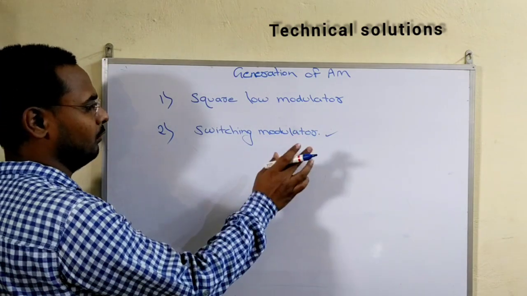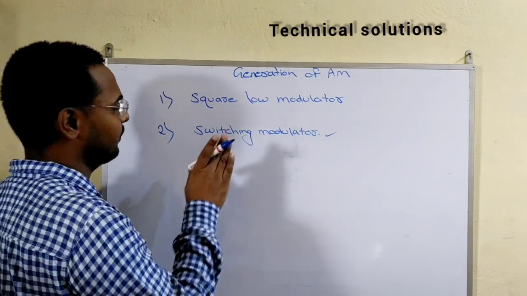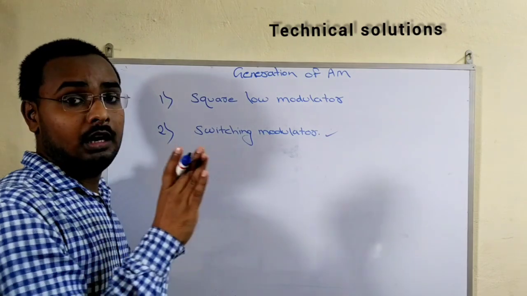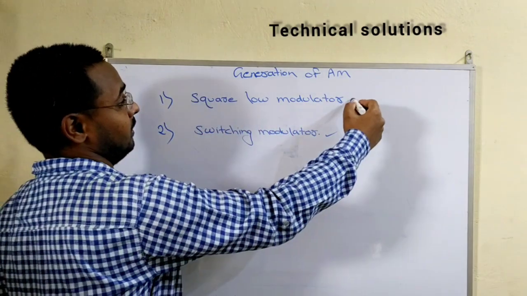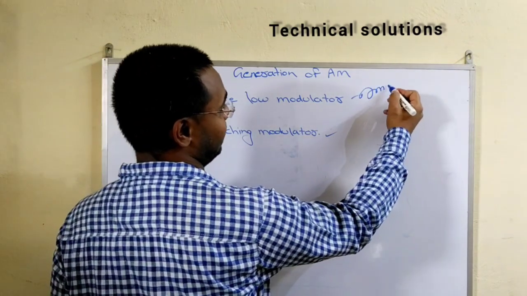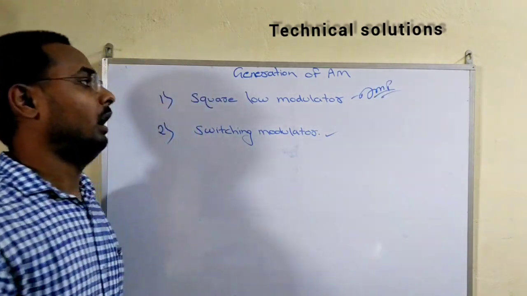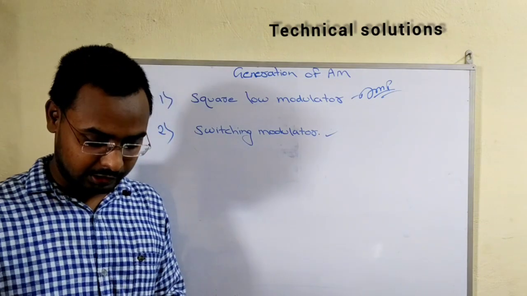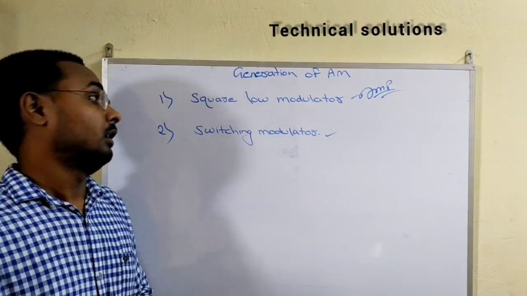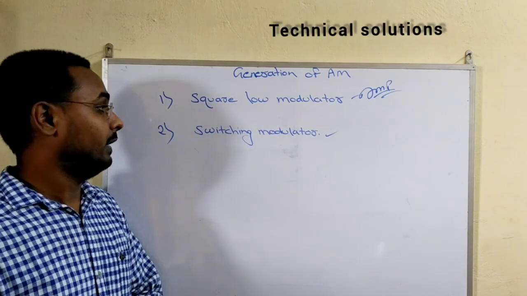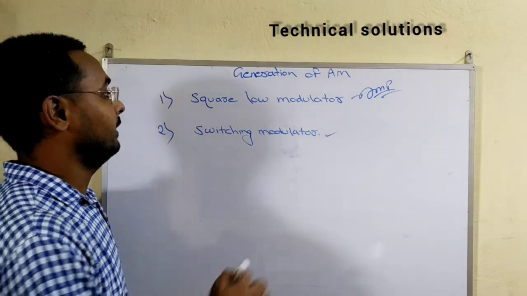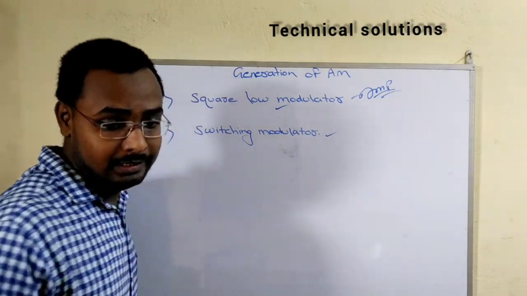It is not widely used, and the most important method to generate the AM signal is square law modulator. This is very important. And all the questions based on the generation of amplitude modulation are based on the square law modulator only, right? So we'll discuss this method in detail.